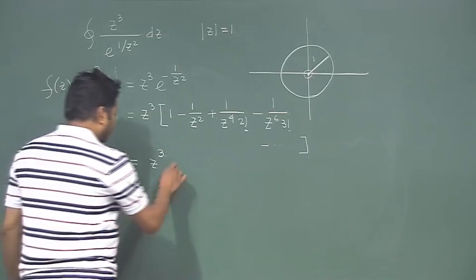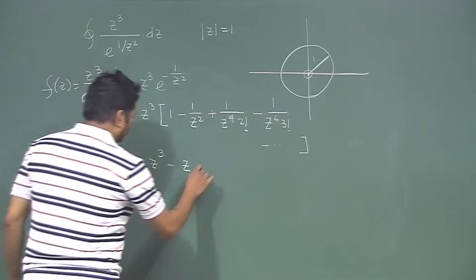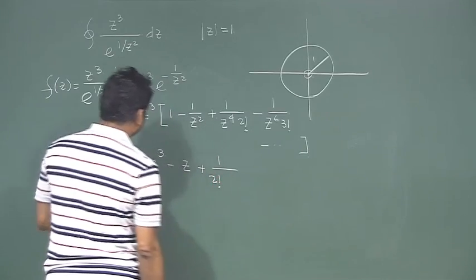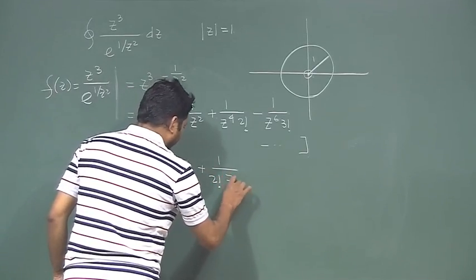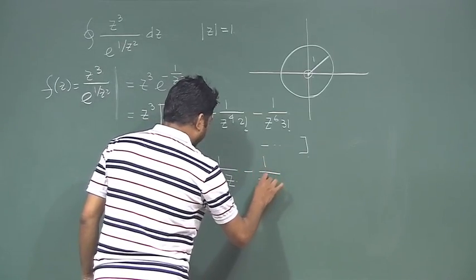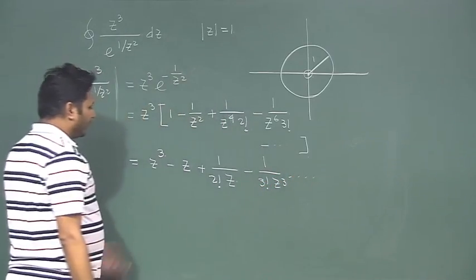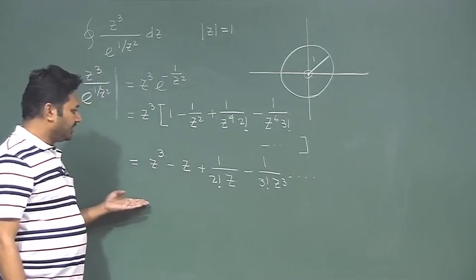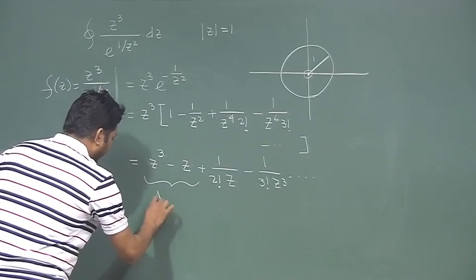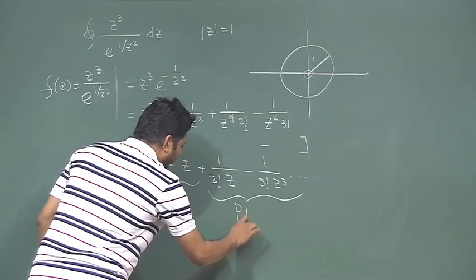So, z cubed is the first term, second term will be minus z, third term is interesting, which is 1 by factorial 2 and then 1 by z, and the fourth term is minus 1 by factorial 3 and then 1 by z cubed, and so on. So, this is exactly the Laurent series expansion that we have. This part is your analytic part, and the rest is your principal part.